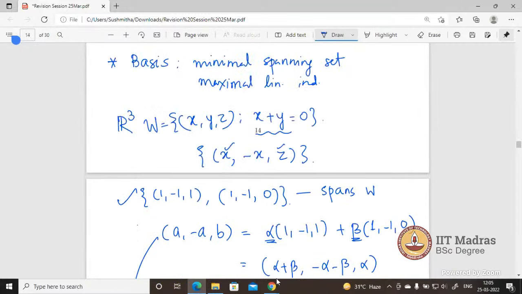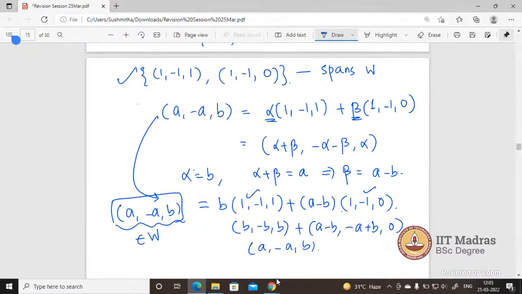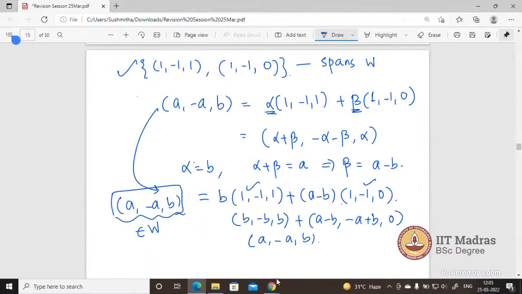So here we can see that x and y are dependent on B. No, it's completely different. It's a basis. We have taken 1 and 0 for z. The number of elements in a basis should be equal to the number of independent variables.